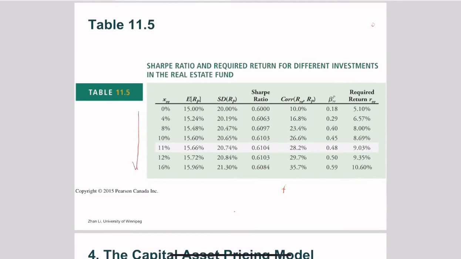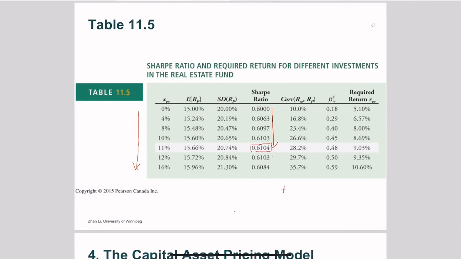What you're doing here, you're increasing your weight on the real estate fund. And now you can see that as you increase your portfolio weight on the real estate fund, the Sharpe ratio first increases, right? This is like the maximum Sharpe ratio.